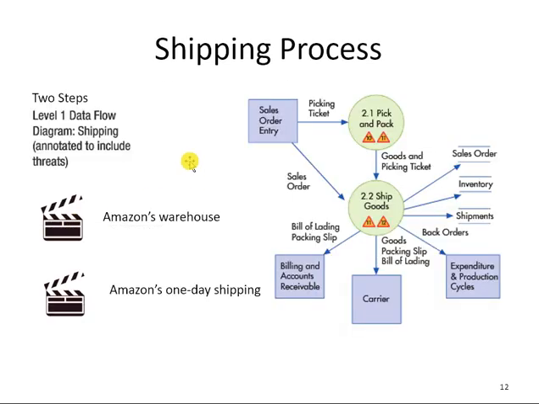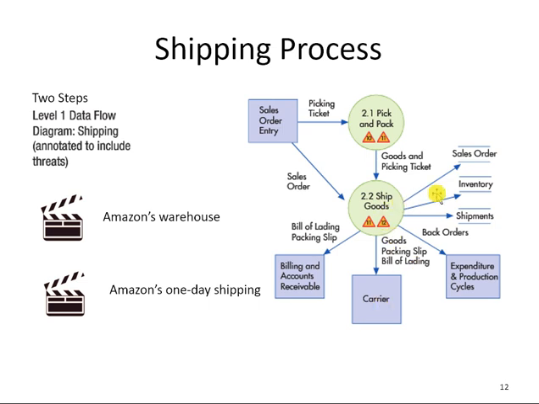Right here we have a level 1 DFD for the shipping process. I think we have talked about these data flows. The picking ticket and goods will be sent to the shipping department, which is very important. As you can see, the shipping department is going to have the goods, and the packing slip and bill of lading are sent to the carrier.